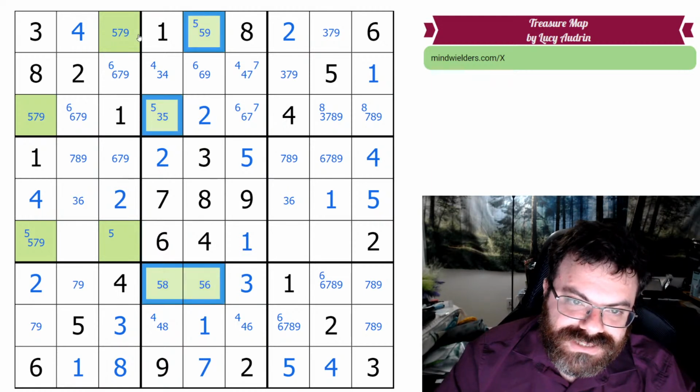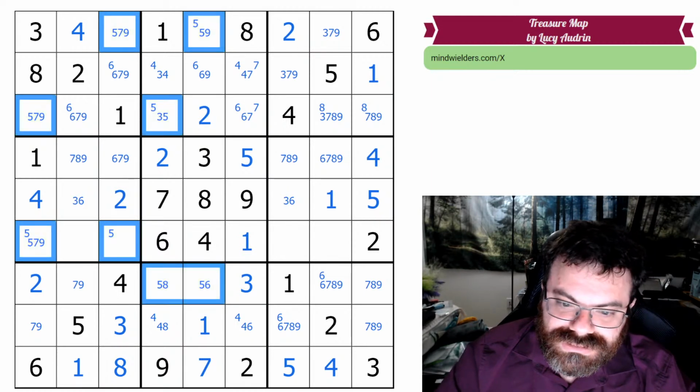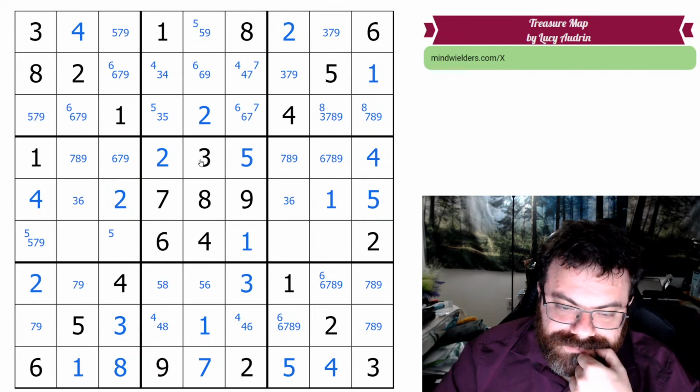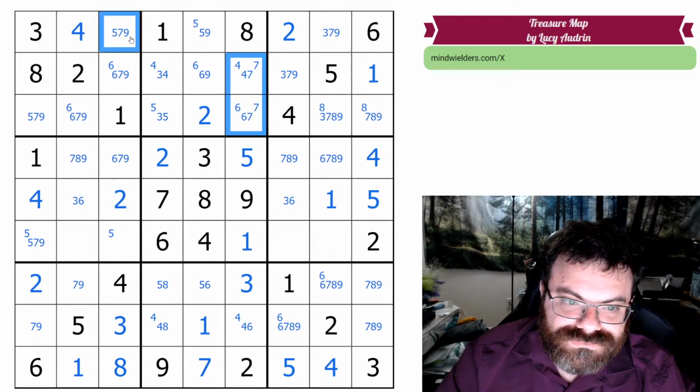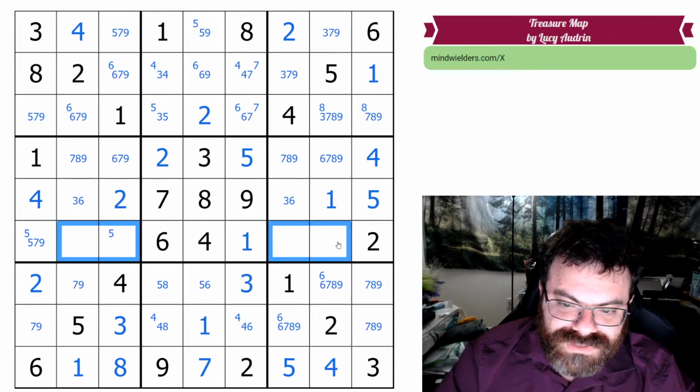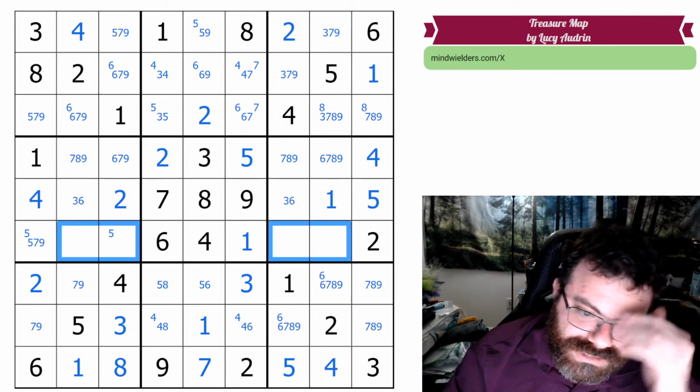I don't see anything with 5s. I'm almost fully pencil marked. I might as well finish that off.